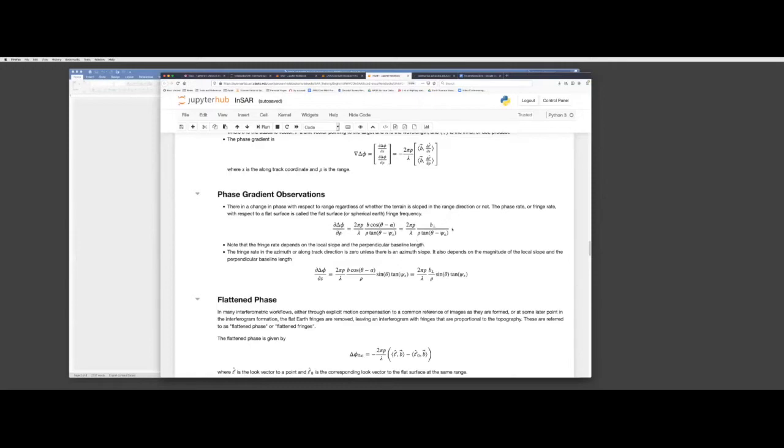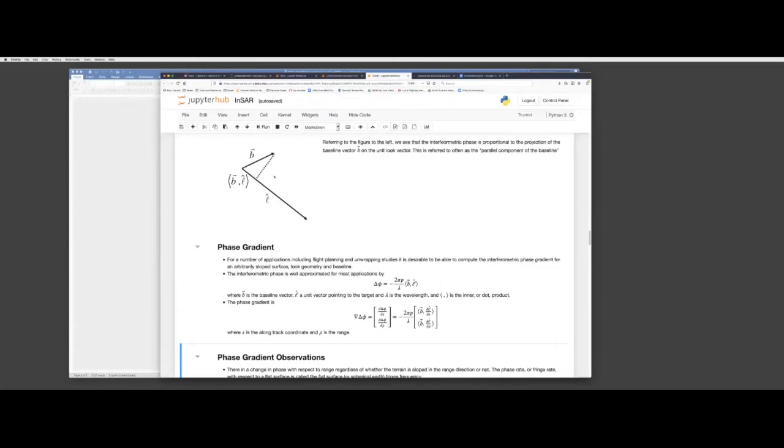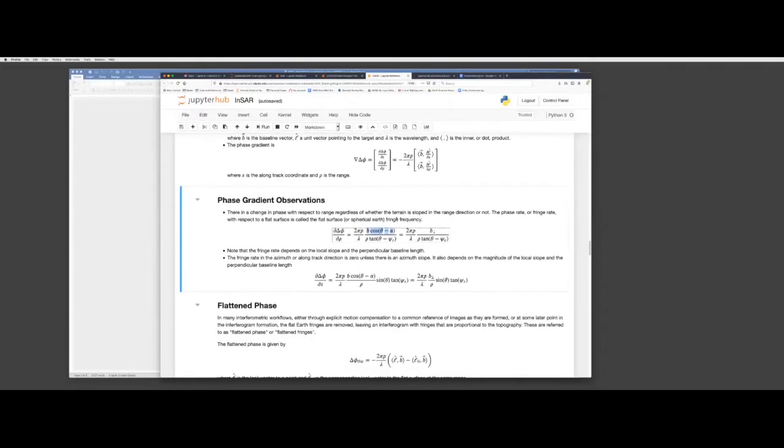It's proportional to the perpendicular component of the baseline. So B sine(theta minus alpha) was the parallel component. The perpendicular component is B cosine(theta minus alpha). That would be up here, this component, this dotted line. So it's proportional to that, and it's inversely proportional to the range.